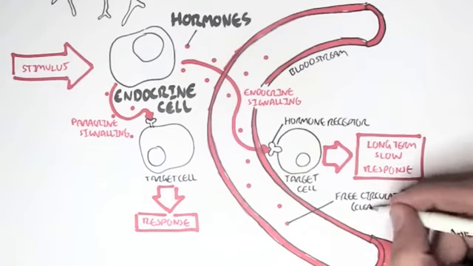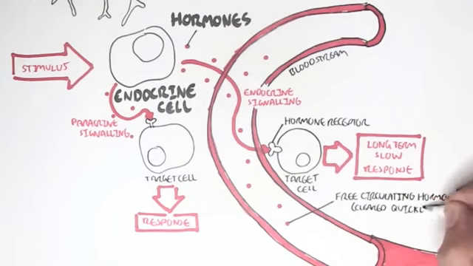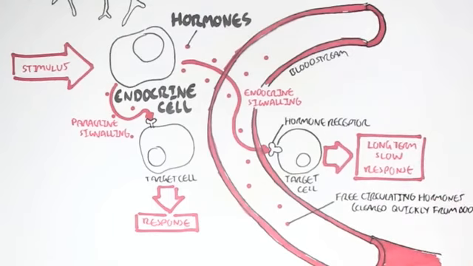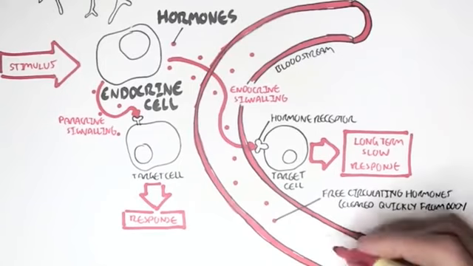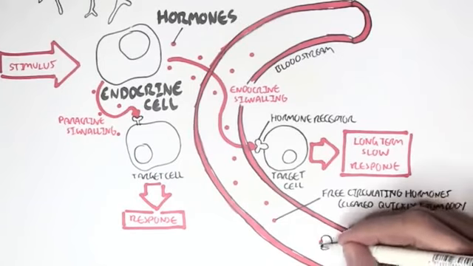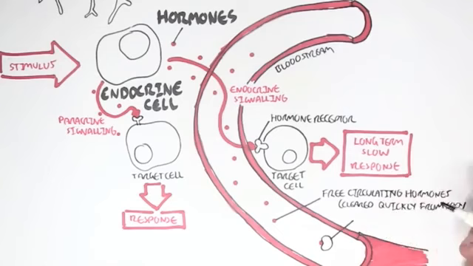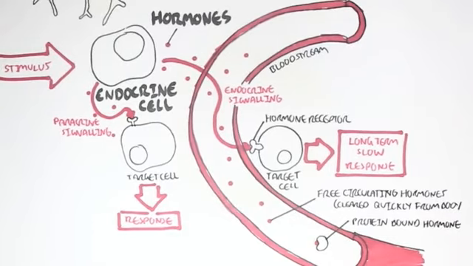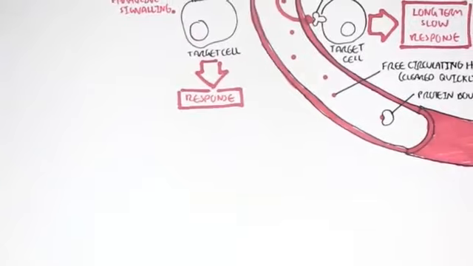Free form as in it's just a hormone traveling in the blood. Or the hormone can actually travel bound to a protein. These hormones that are bound to a protein and travel through the blood are typically lipid hormones, because lipids hate water. They need to travel bound to proteins. We call these protein-bound hormones.